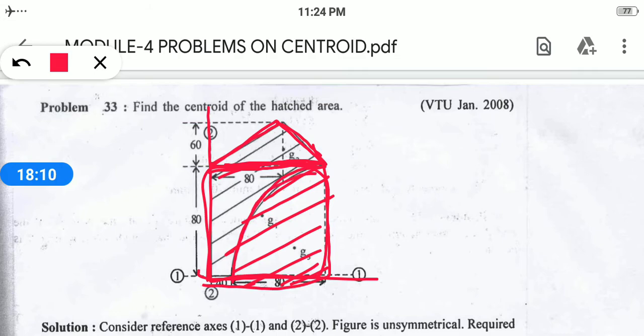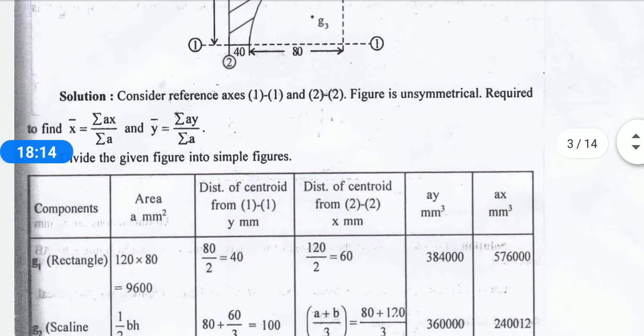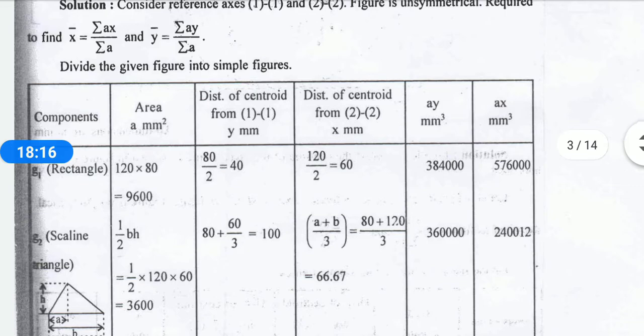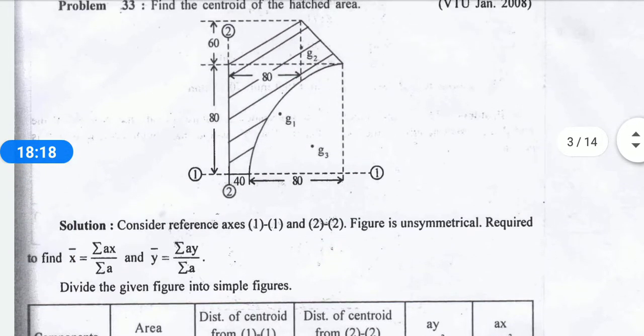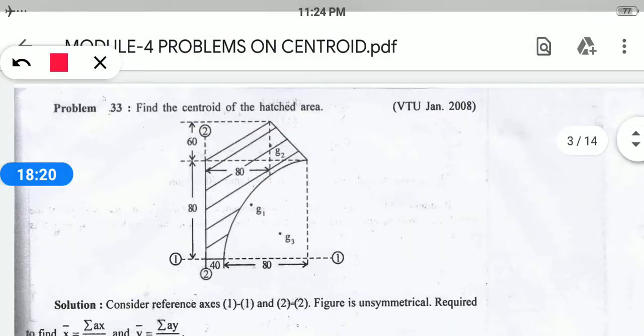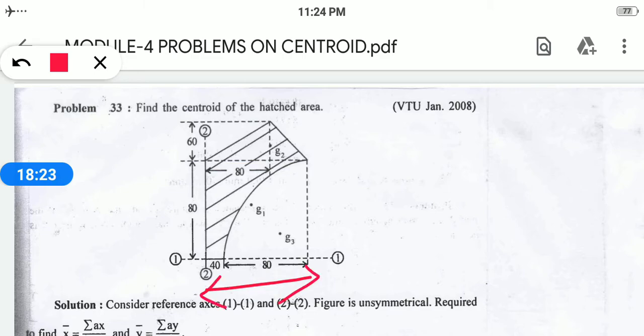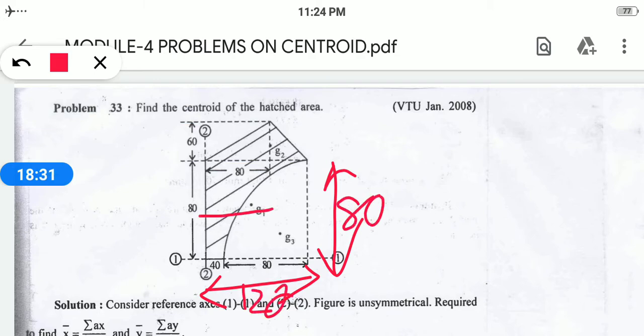Now the same procedure you are going to adopt to find the centroid. First, you are going to take the rectangle. The rectangle is here with the following distances, that is 80 plus 40, and this is your 80. So total area will be 120 into 80. Half of 120, that is 120 divided by 2, will give you the x distance, and 80 divided by 2 will give you the y distance.